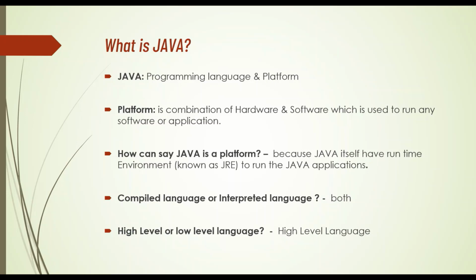As we have already discussed all these terms, high level language, low level language, compiler, interpreter. So Java is a high level language. A high level language is a language which is easy for human beings to understand, and a low level language is closer to the machine language, which is understood by the machine. So Java is a high level language.